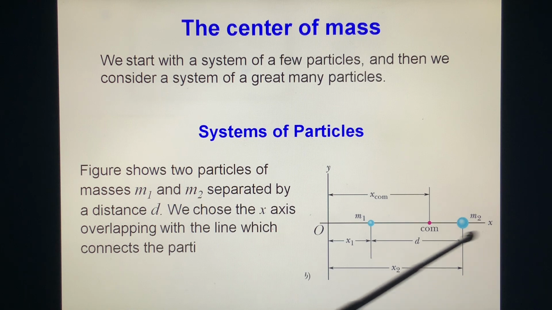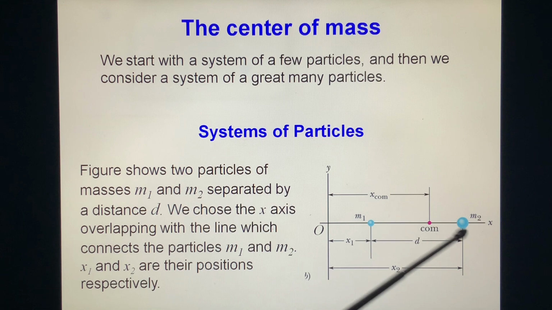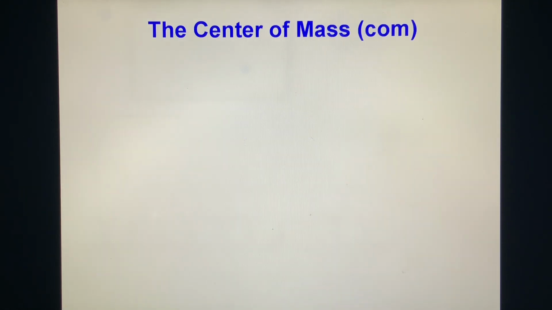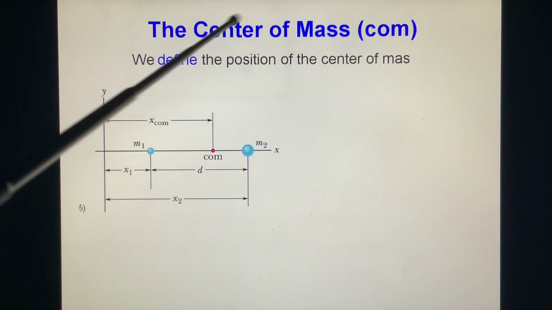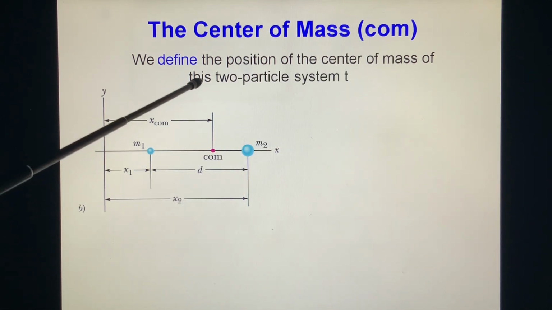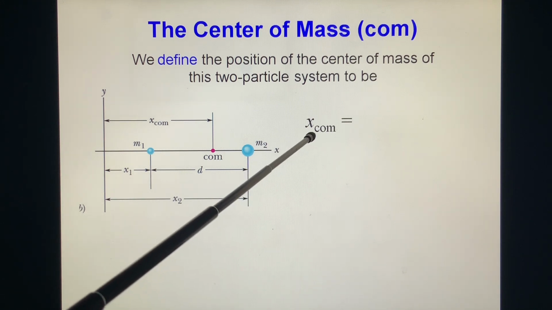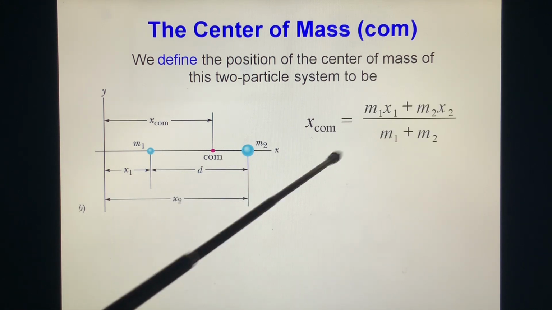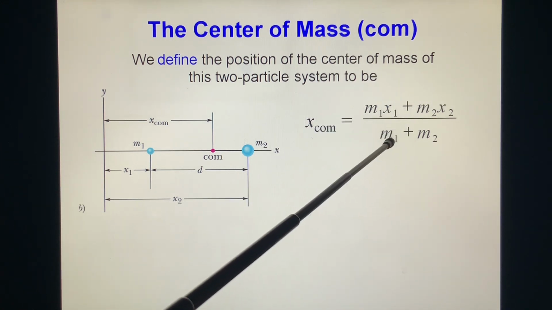We choose the x-axis overlapping with the line which connects the particles m1 and m2. x1 and x2 are their positions respectively. We define the position of the center of mass of this two-particle system to be x center of mass equal to m1x1 plus m2x2 over m1 plus m2.